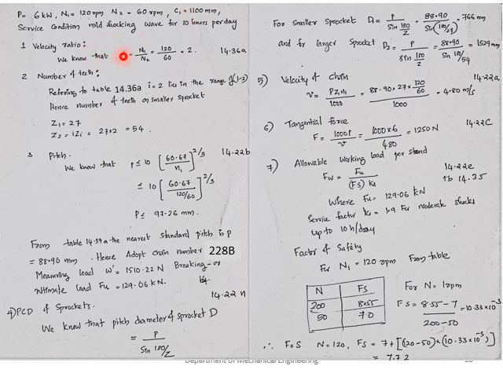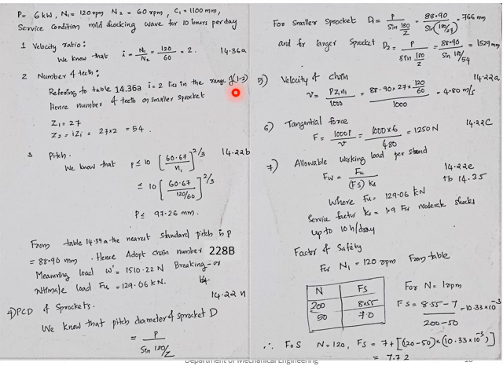First you can find the value of I using N1 by N2, the simple equation 14.36. You'll get the value of velocity ratio as 2. Then, referring to the number of teeth, table 14.36 has the ratio I. The range is 1 to 2 and the number of teeth in the smaller sprocket ranges from 30 to 27.